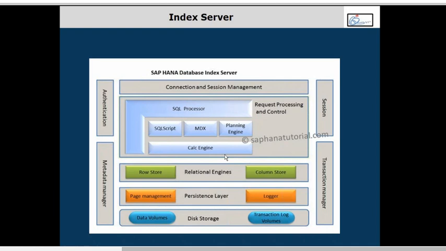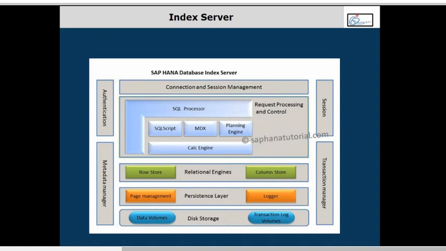To execute the incoming request, it has some engines in it. An engine is again a program. What does an engine do? An engine has a program which understands the instruction given by the user, executes accordingly, and gives the results back.